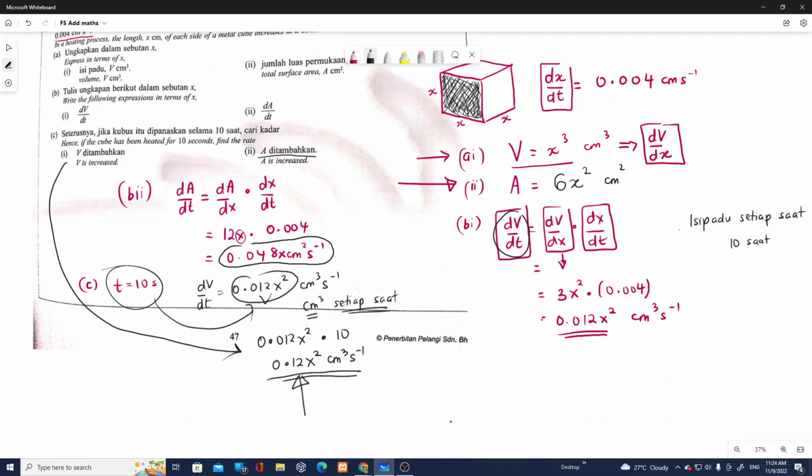Betul tak? Itu setiap saat. Kalau 10 saat, dapat 0.48x sahajalah, cm kuasa 2 per saat. Itu jawapan. Faiz, understand?